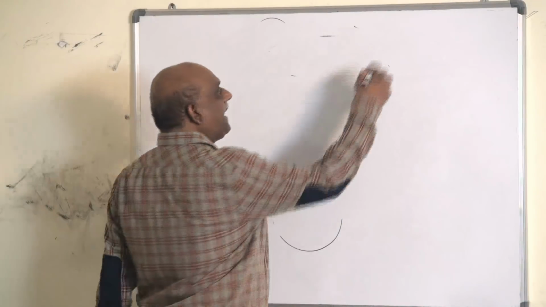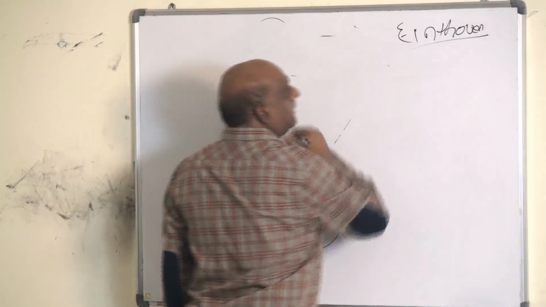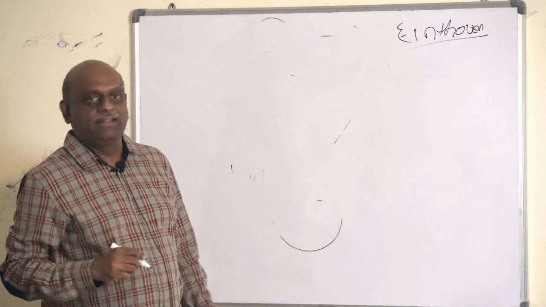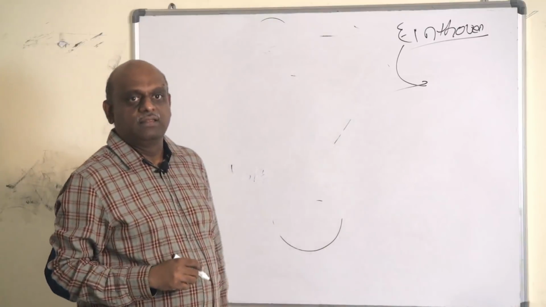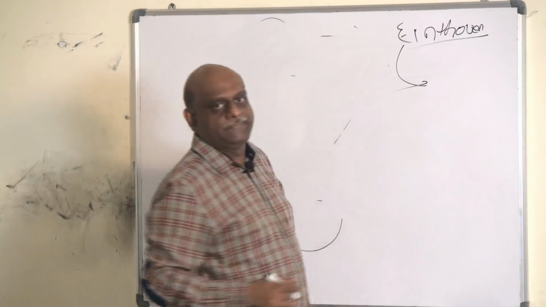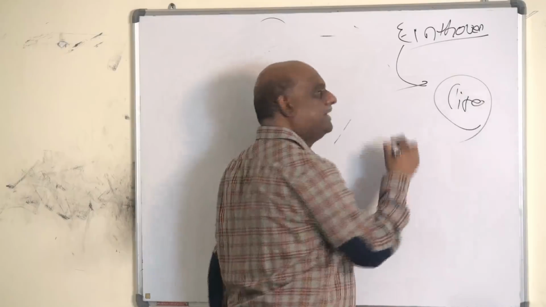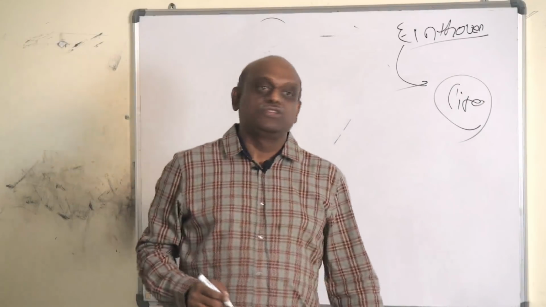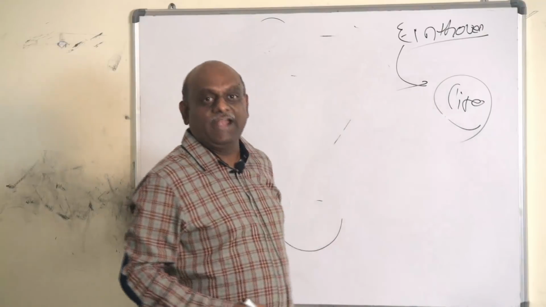So once upon a time, there lived a scientist called Einthoven. Einthoven is an Italian guy. He is in love with Antonino Tito, right? So after finishing MBBS, he wants to get married to this Antonino Tito.